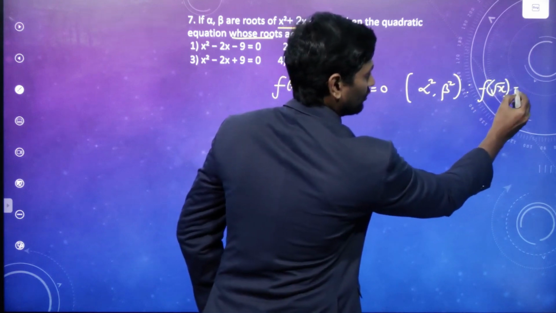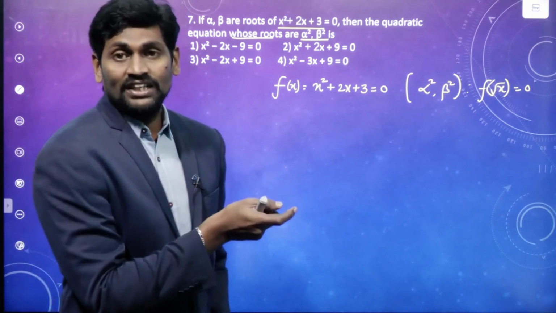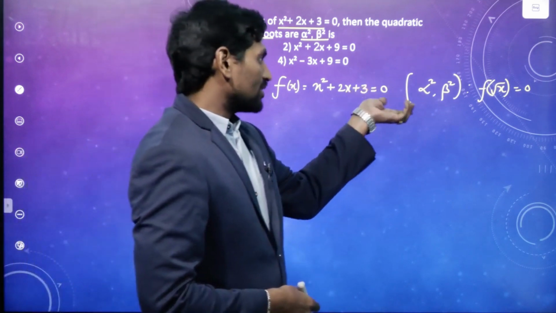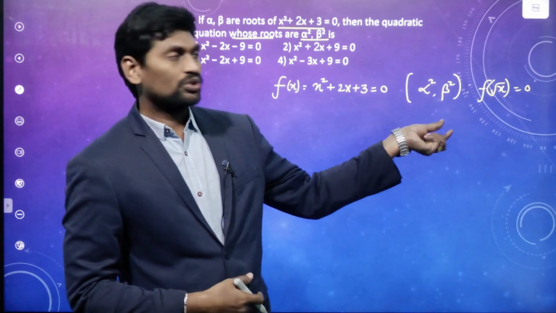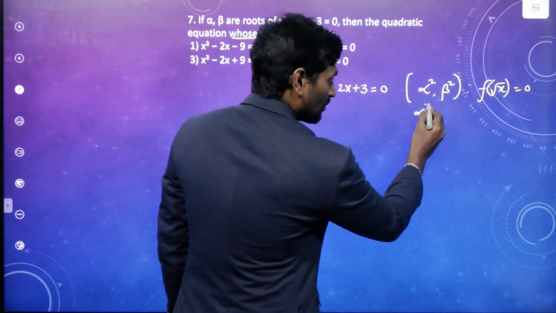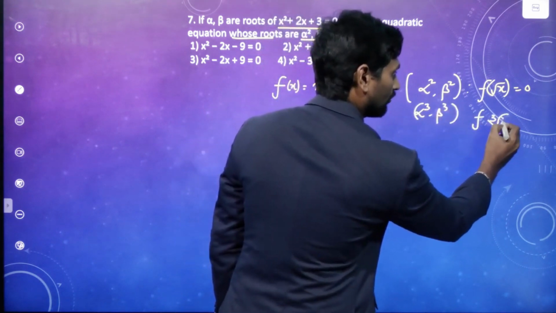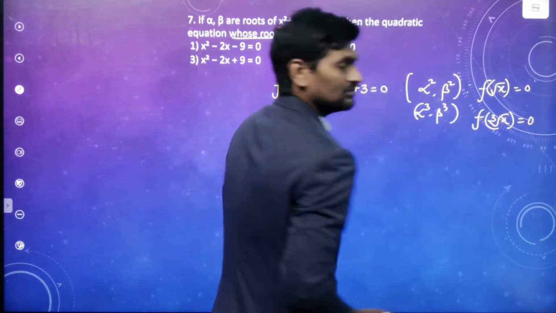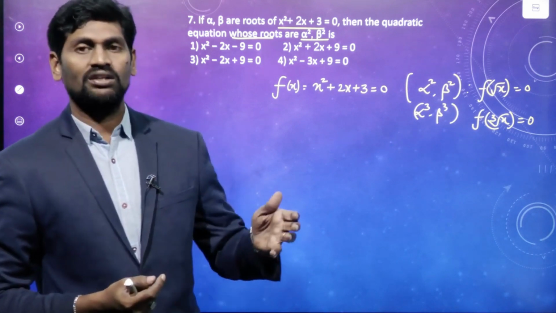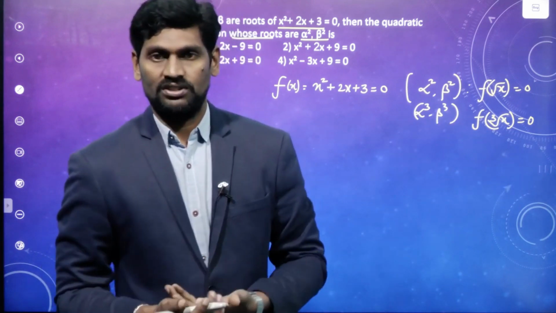So we learn that if alpha square, beta square are roots, then the quadratic equation is f of square root of x equals to 0, where f of x is a quadratic equation like the general form ax square plus bx plus c equals to 0. Then alpha square, beta square will be the roots of f of square root of x equals to 0. Same way, alpha cube, beta cube are roots of f of cube root of x, because square and square root are inverse operations, and cube and cube root are inverse operations.